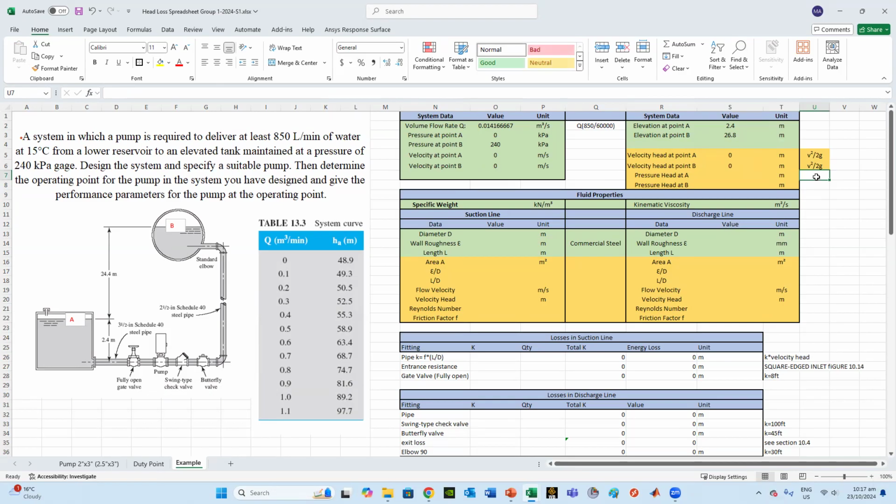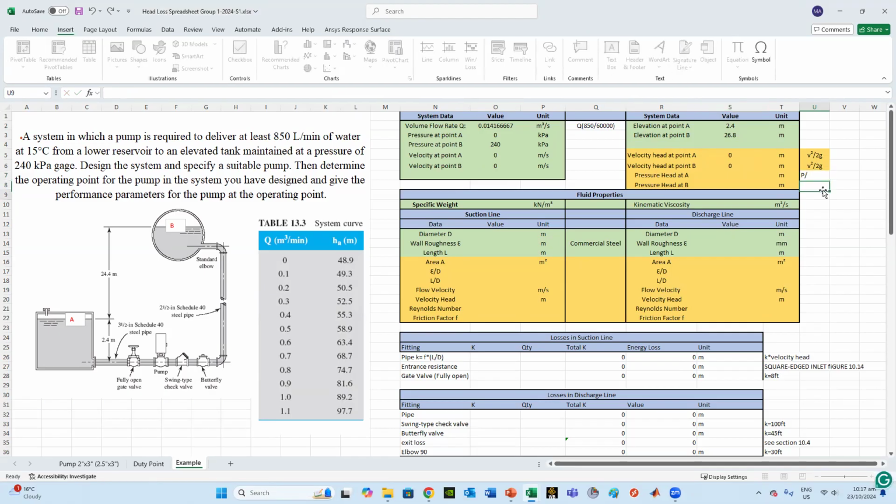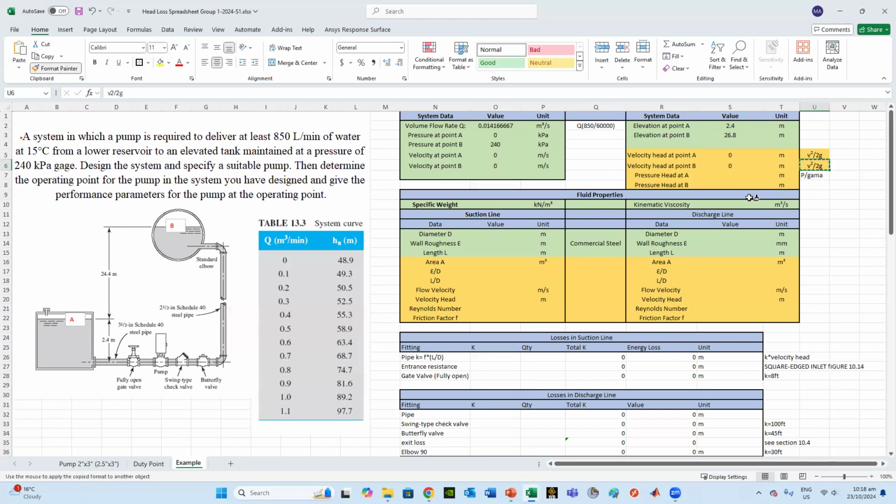you remember it, is P over gamma. Gamma is the specific weight of the fluid, and that is where I'll put gamma so you understand this is the specific weight of the fluid. That is what we need to be aware of when calculating the pressure.